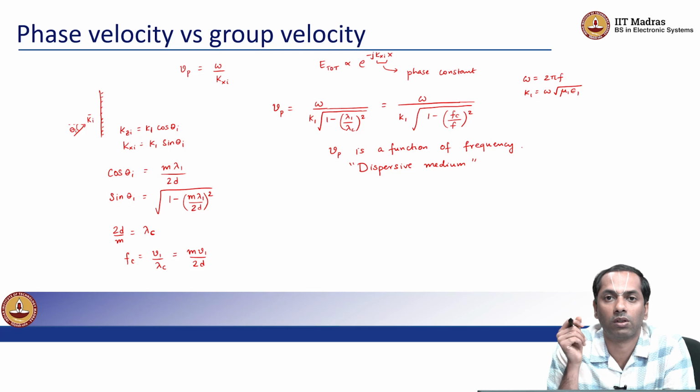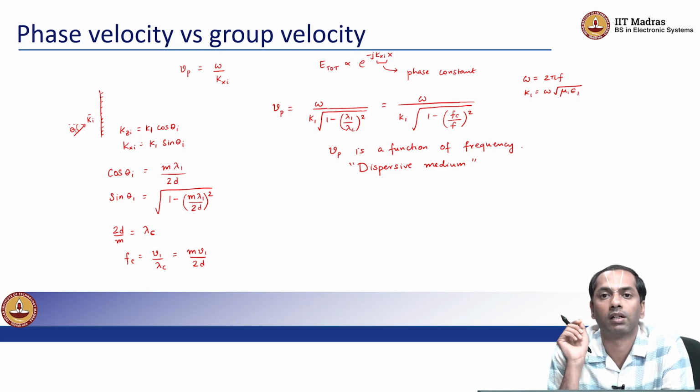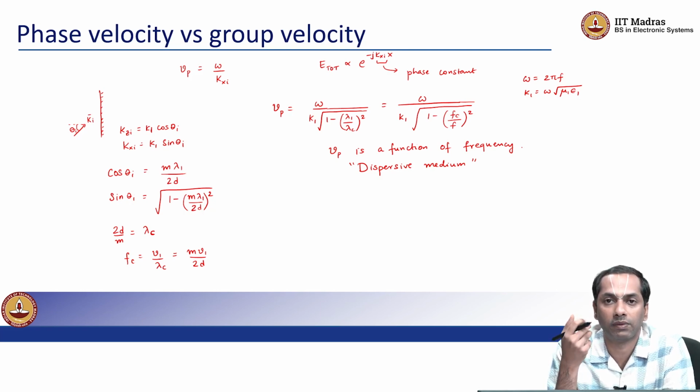So this is also called waveguide dispersion. Even though the material is not dispersive, the construct of putting two parallel plates or two conductors around a dielectric medium and forcing electromagnetic fields to flow between these two plates makes the fields move in a way that their velocities are now functions of frequency.